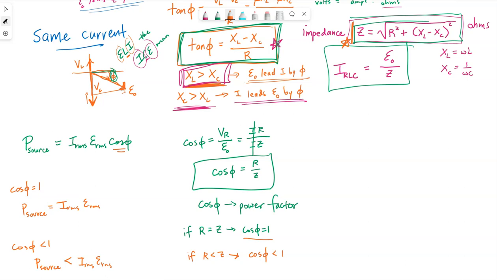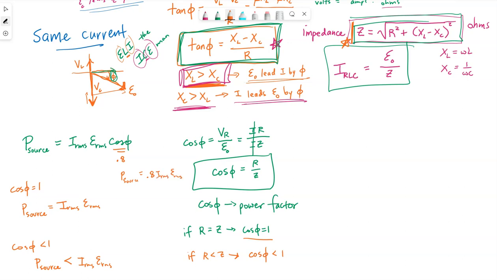Ultimately, if that phase angle, that cosine phi, that power factor was, say, 0.8, I'm totally making up 0.8, then we would say the power put in by the source is 0.8 of this IRMS times ERMS.